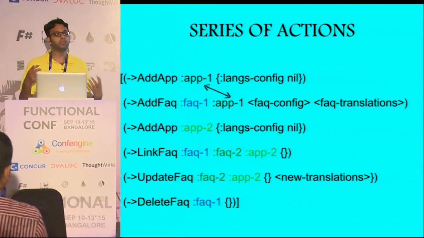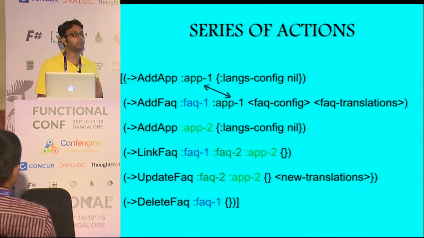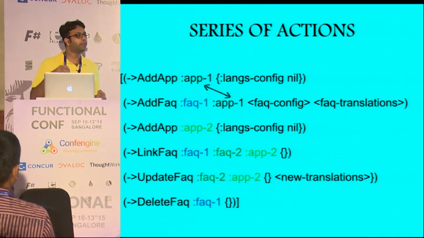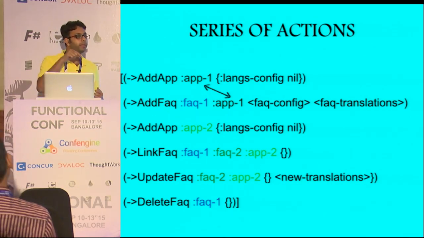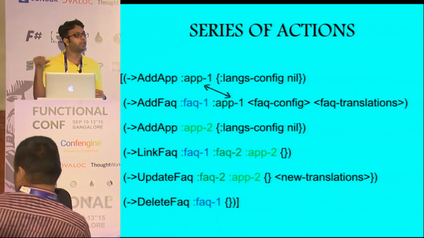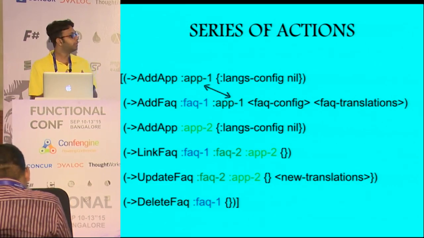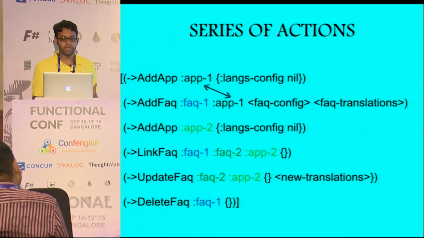So this allows me to say the test in exactly the way I would express it to a developer. Add one FAQ, then create one app, within that app create another FAQ. It's similar, but this is executable, right?